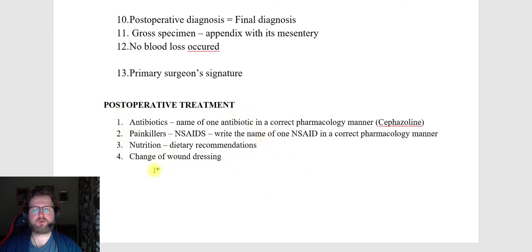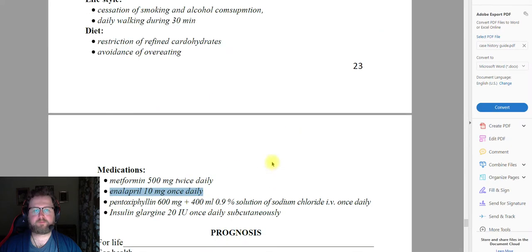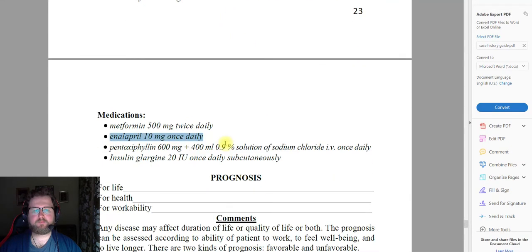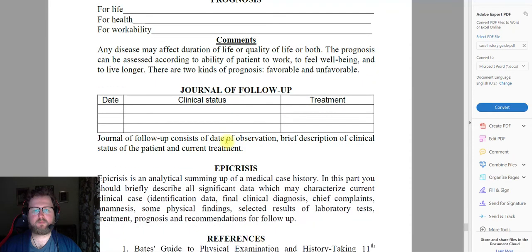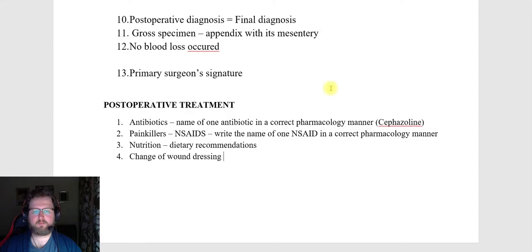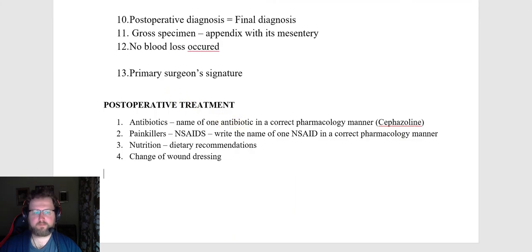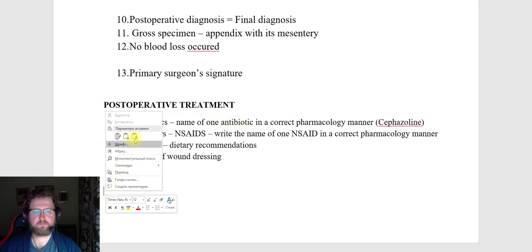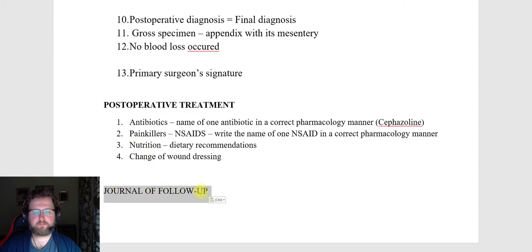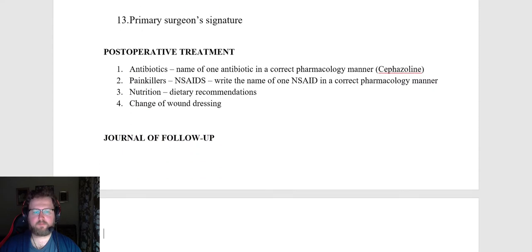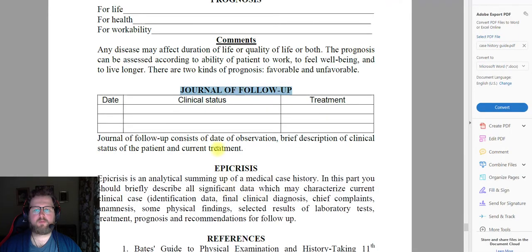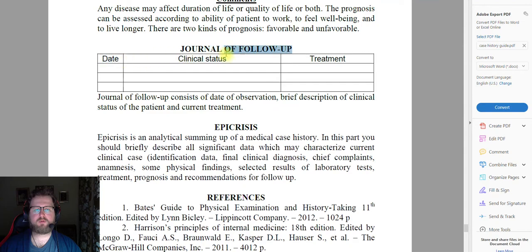After you've described the postoperative treatment section, you proceed to journal of follow-up. In your follow-up journal, you'll have to do a similar thing.